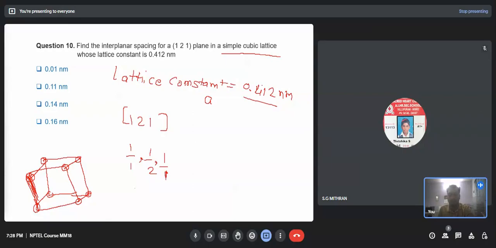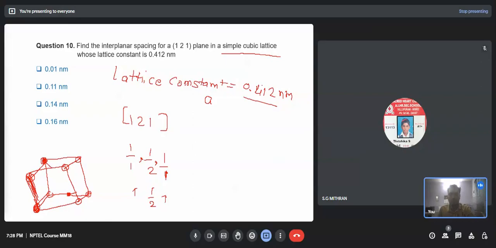So what are their intercepts? Intercepts are 1, 1 by 2, and 1. So on the x-axis, it is intercepting at 1. On the y-axis, it is at half, and on the z-axis, it is at 1.